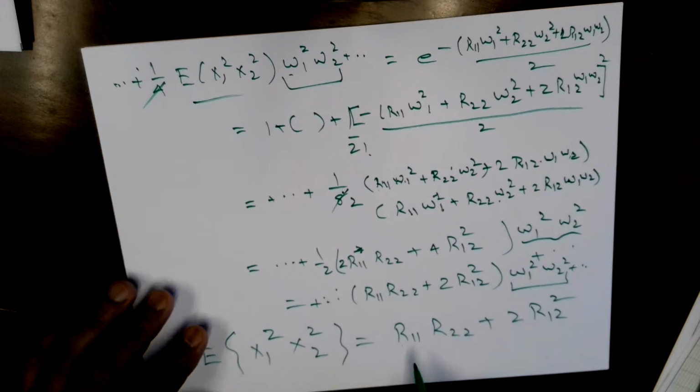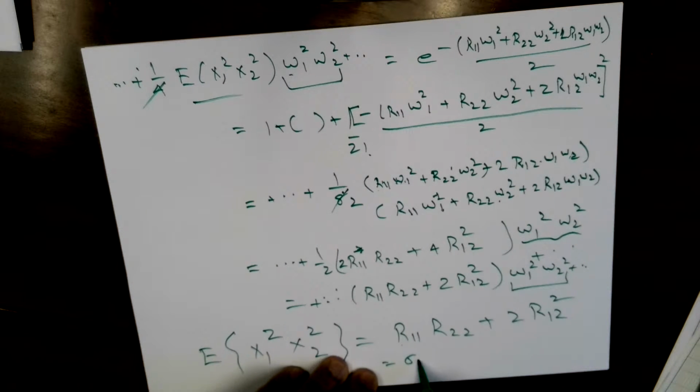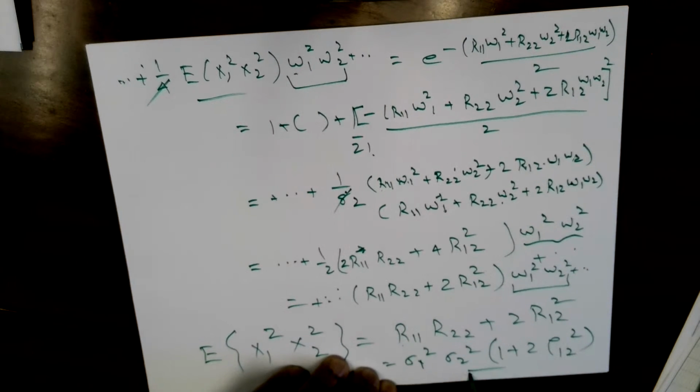So if this is sigma x squared, or sigma 1 squared, sigma 2 squared, r12 is sigma 1 sigma 2 rho 1,2 squared. So you can write this in this fashion for 2 random variables if you want.